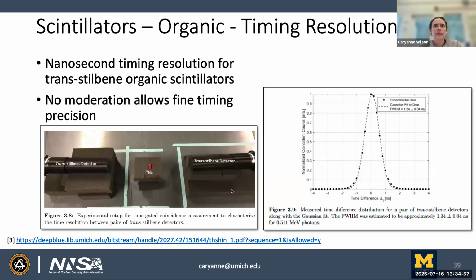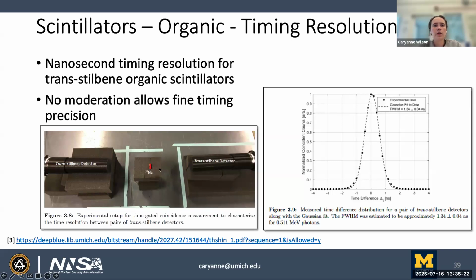So in organic scintillators, you can detect fast neutrons directly, and the scintillation process occurs very quickly. So you know exactly when this neutron is detected. For the detector, when we talk about timing resolution, we're usually talking about timing resolution of a system.